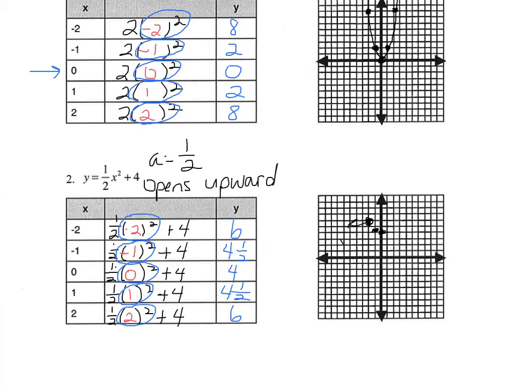And then I need to plot 1, 4.5. And then I need to plot one other point after that, which is going to be 2, 6.